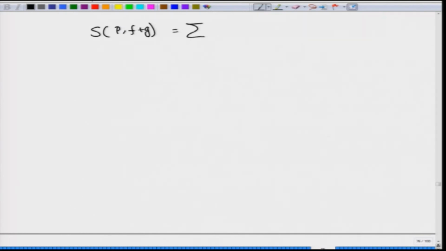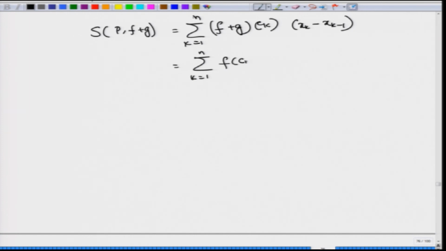This is equal to summation over k from 1 to n of f plus g of c k times x k minus x k minus 1, which is equal to, because these are all finite sums, we can separate this into f and g parts.